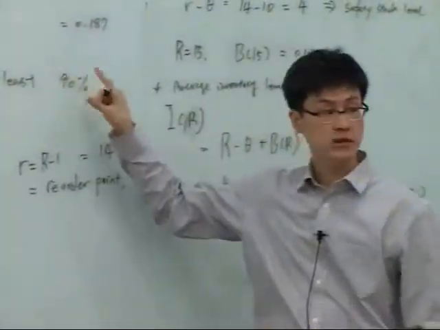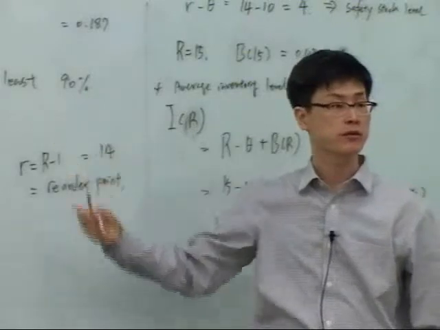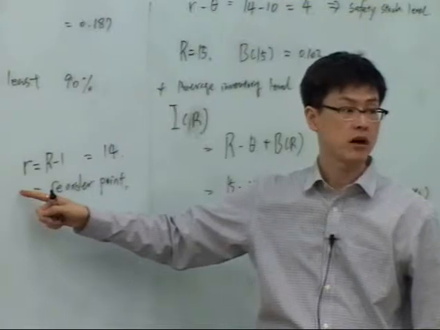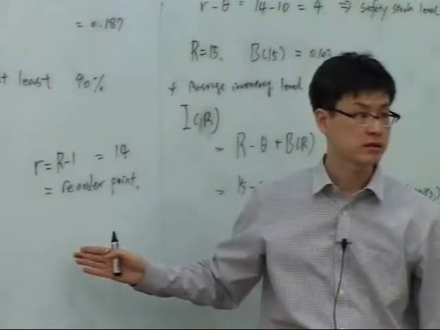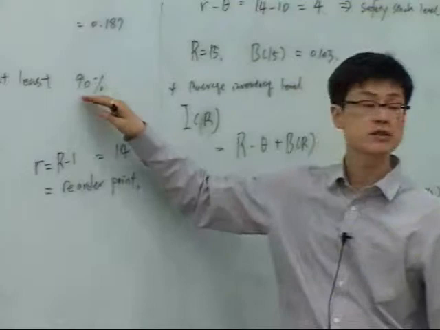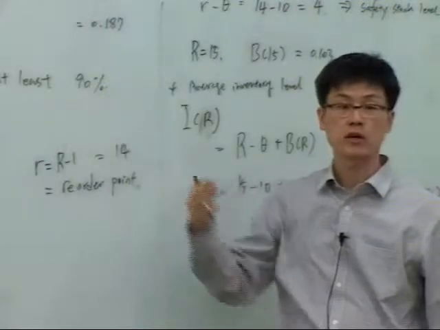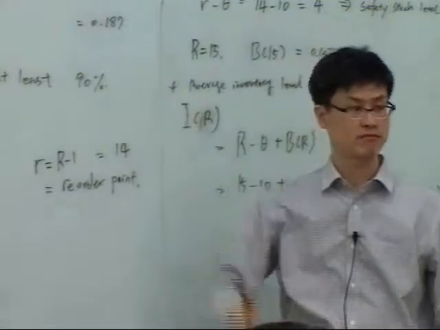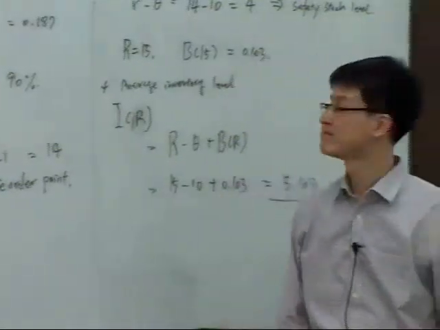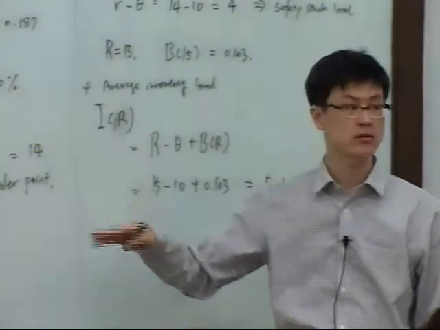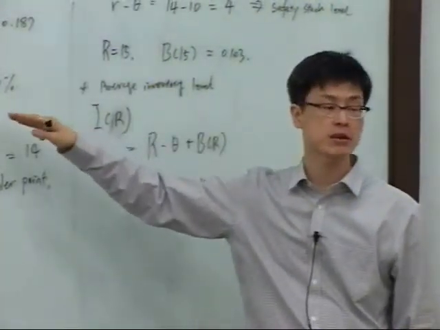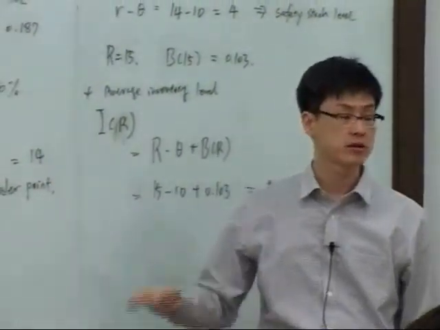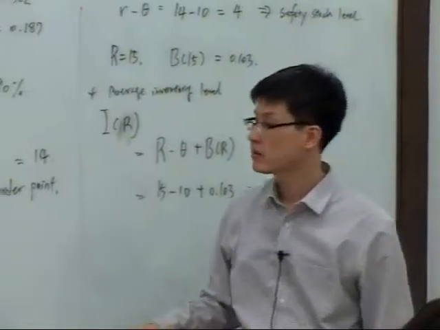If you change this 90% into 50% or something, then your R will be less than that, right? It's your decision. You want 90%, 95%, 99%? Well, up to you. But based on this model, if you want a 90% service level, you've got to reorder when your inventory level becomes 14.